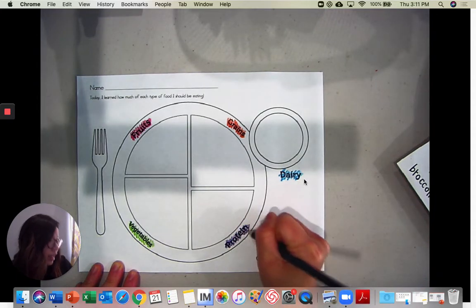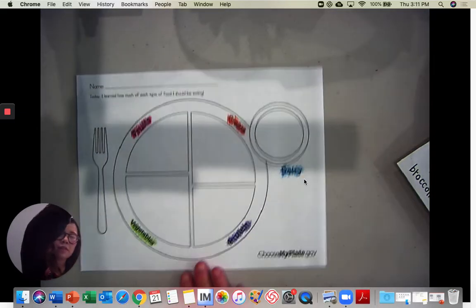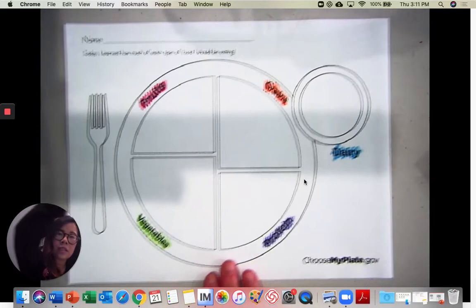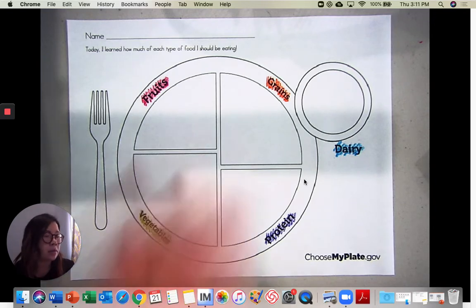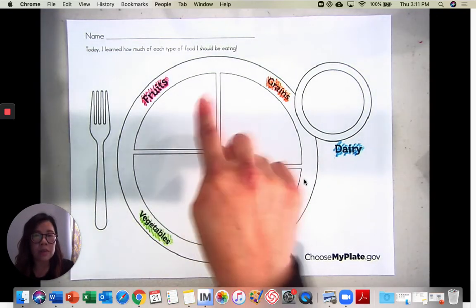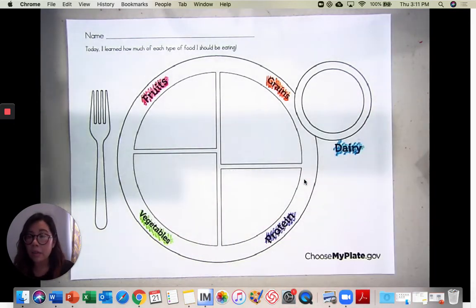Okay, now, you can do a couple of different things when you are doing today's research and inquiry. You could go ahead and just use some of your art tools like markers, crayons, color pencils to draw the different types of fruits and grains and vegetables and proteins and dairy that you would put in your healthy plate.